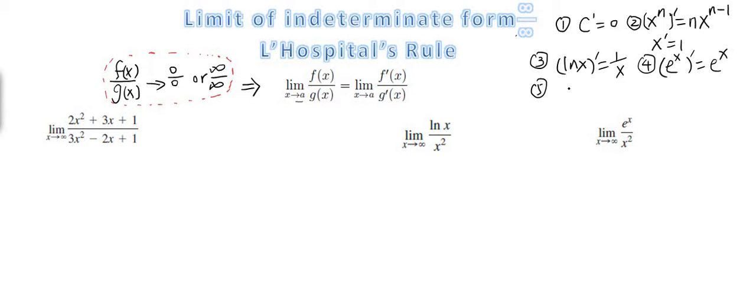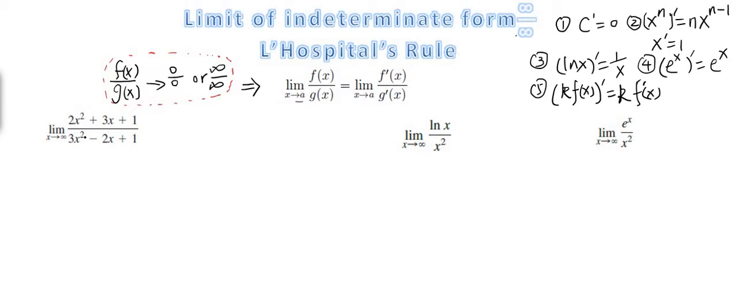And the fifth one, if we have a constant k multiplied by a function f(x), and we do the derivative, we keep the constant and only do the derivative for f(x). So those are the basic formulas. I'm gonna use them while solving these examples. Okay, now let's take a look.